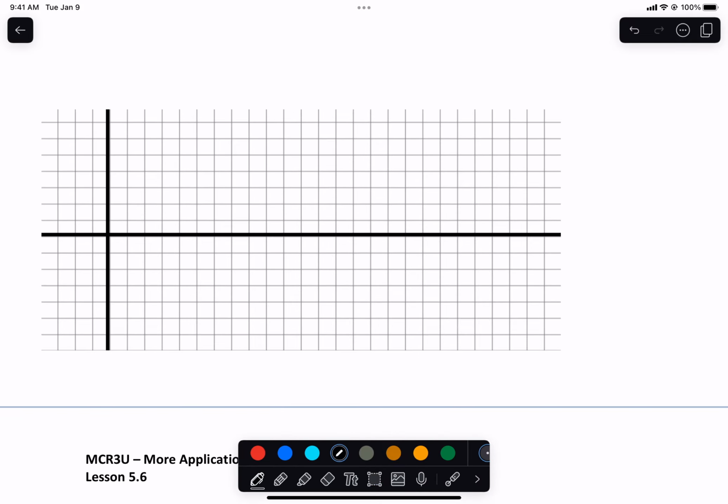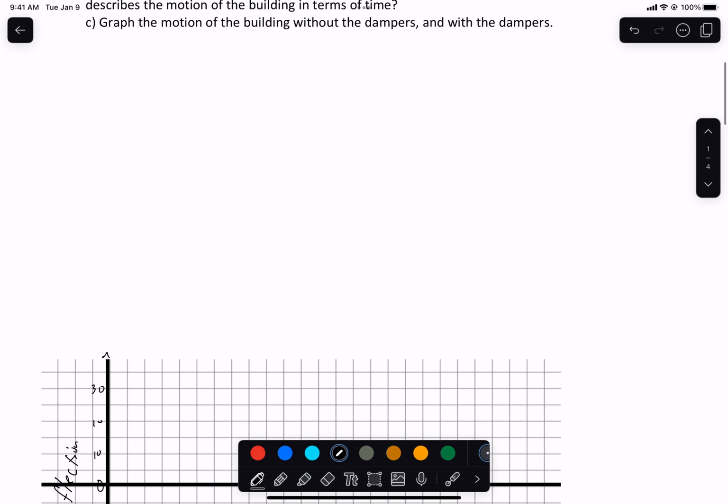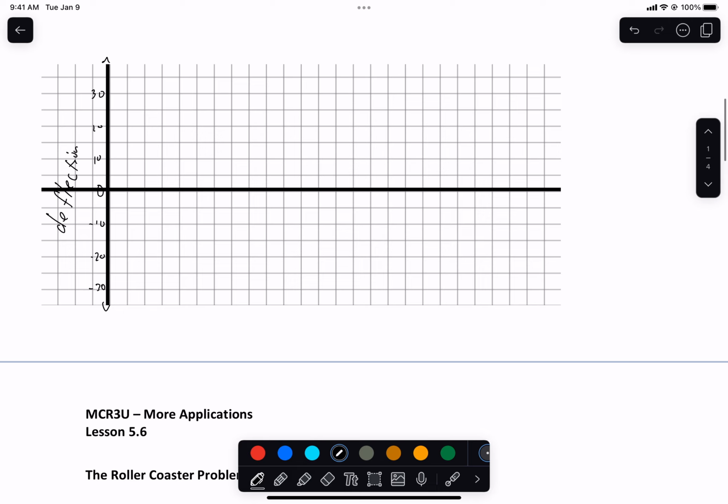So I'm just going to label my axes. This is going to be 0, 10, 20, 30, and -10, -20, -30. Along here, on my y-axis, I'm going to have the amount of deflection, if you will, and it'd be deflection in centimeters.